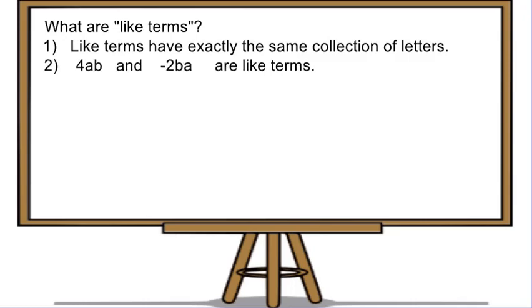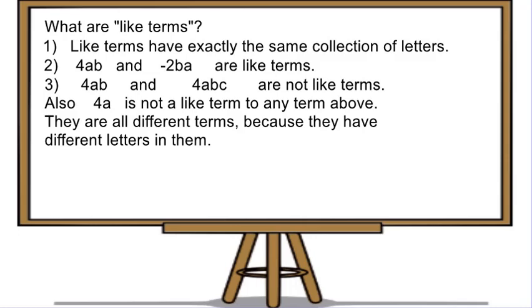Second, if we have the term 4ab, any term which has those two letters in it will be a like term to it. For example, minus 2ba. The fact that the letters have a different order does not matter.